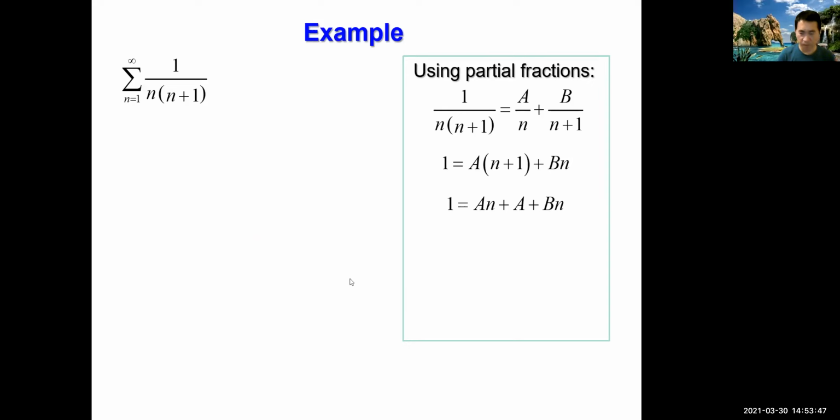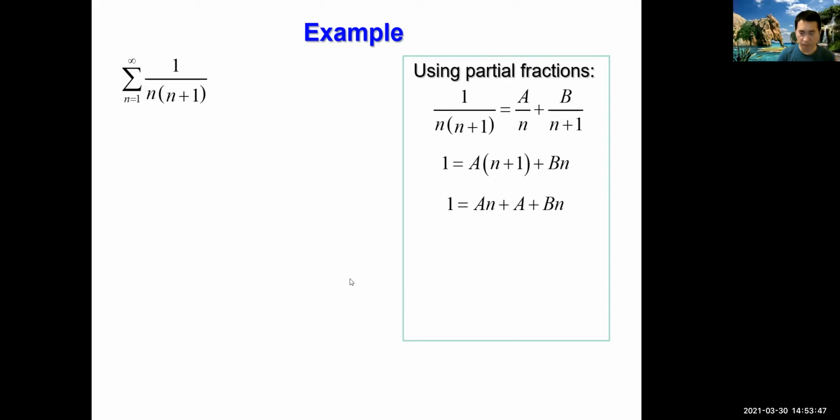A plus B has to be 0, so if A is 1, then B is negative 1. So that is really the same as 1 over n minus 1 over n plus 1.